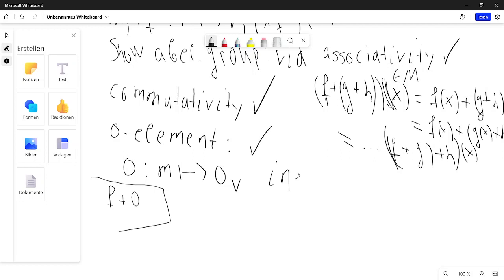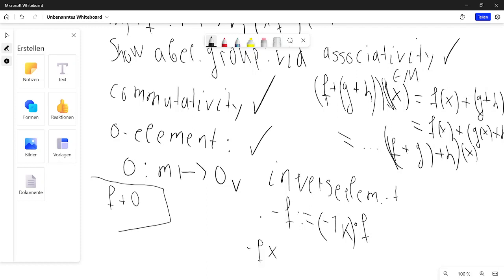Inverse element, well, you can guess. Minus f, which you could view as minus 1_K multiplied by f according to the definition above, or you could view it as taking, at an x, minus f of x.